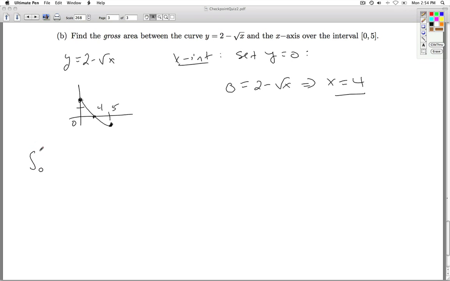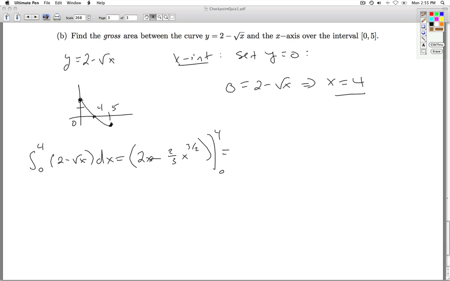So the integral from 0 to 4 of 2 minus square root x dx. From before, we already know the antiderivative. It's 2x minus 2/3 x to the 3/2. Evaluating this from 0 to 4. Well, when we plug 0 in, we already know everything zeroes out.